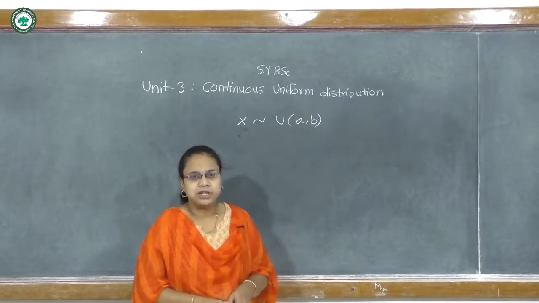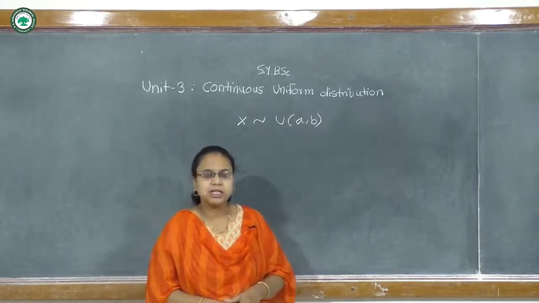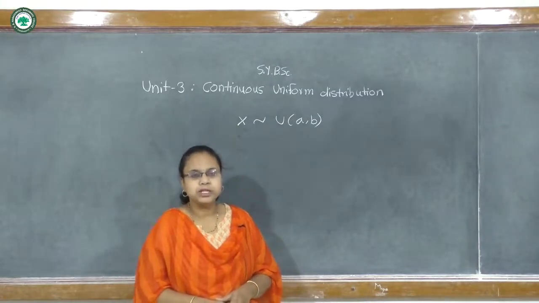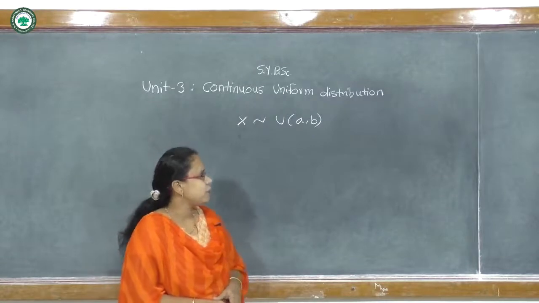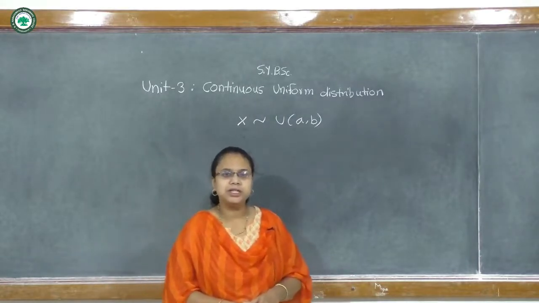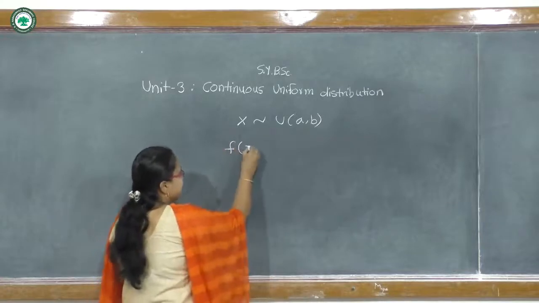Let's see its definition. A continuous random variable X is said to follow continuous uniform distribution over the range A, B if its PDF is given by f of x.